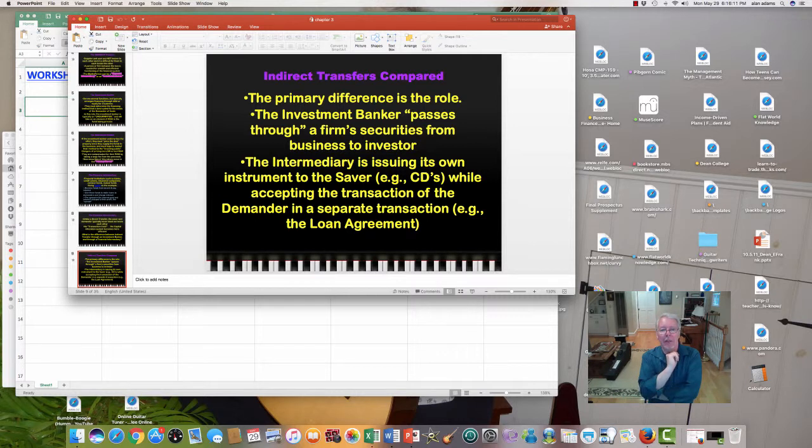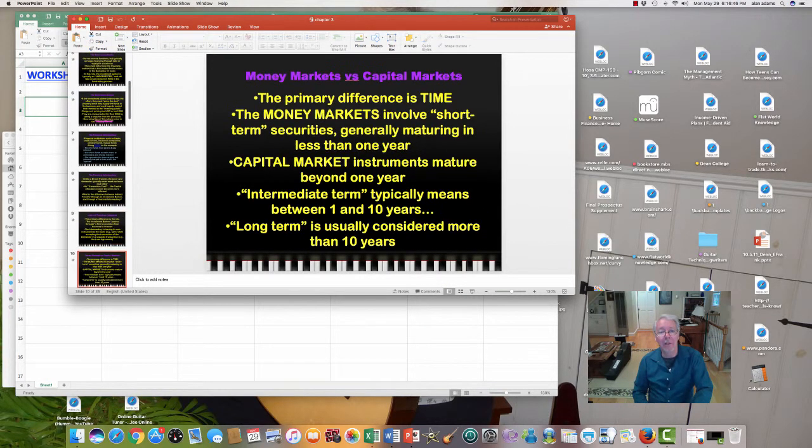They are going to accept your money, and they are going to accept my loan, the loan agreement. So they are putting their own paper into the fray. The investment banker is not. Please know those differences: the difference between a direct and indirect transfer, and under the umbrella of the indirect transfer, the difference between an investment banker and a financial intermediary. And we're vacillating all around page 46 and 47 at this point, friends. We move on now.